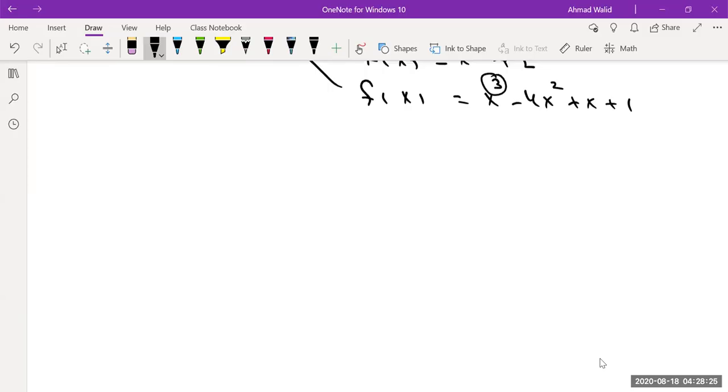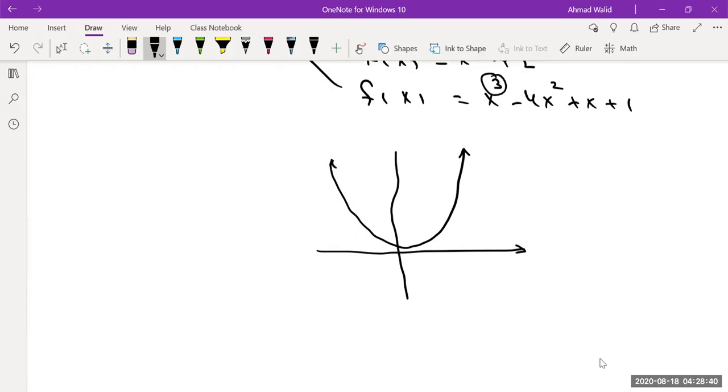Now, the next topic in 1.1 is if someone gives you a graph. For example, let's do our curve, our quadratic. How should I know if this curve represents a function?